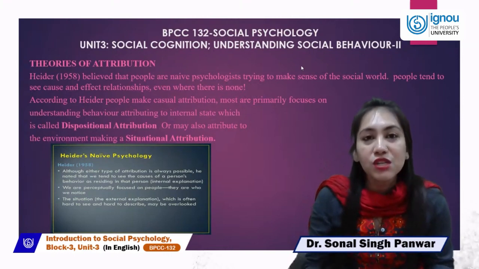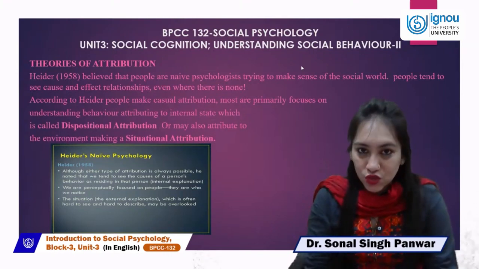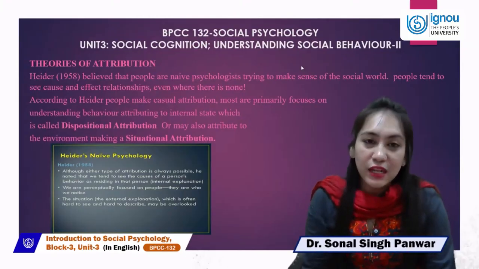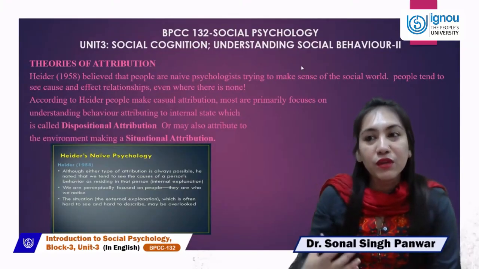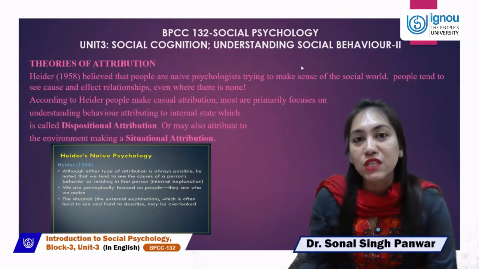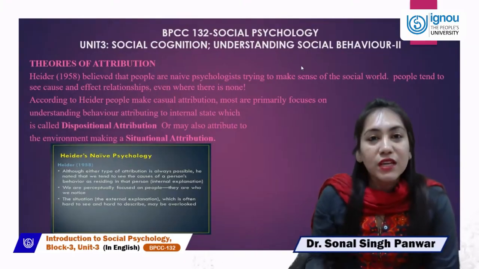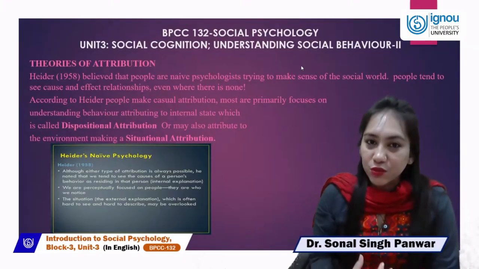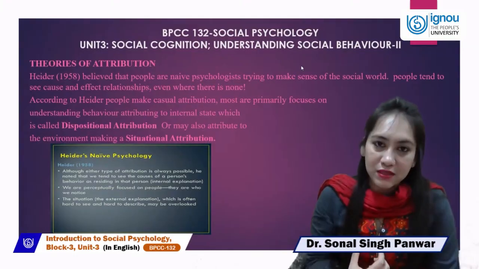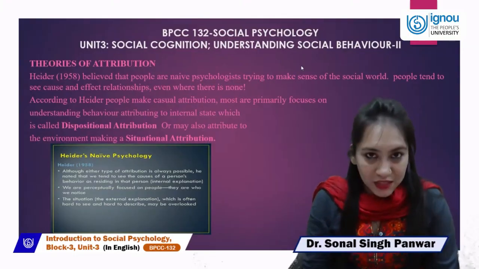First is attributing a person's behavior to their internal state or disposition, which is called dispositional attribution. It suggests that we label a person's behavior as being because of his or her personality. That is an internal part. We are attributing the cause to be a part of the person, so it's an internal attribution, called dispositional attribution.